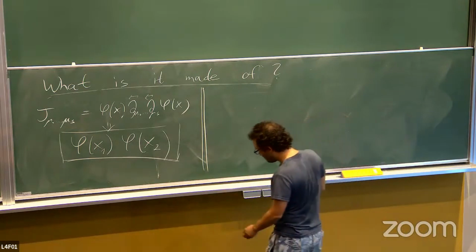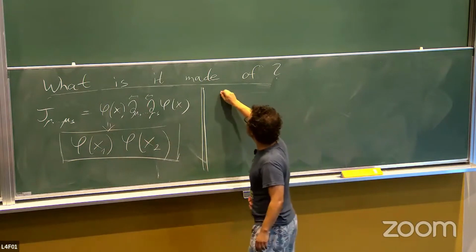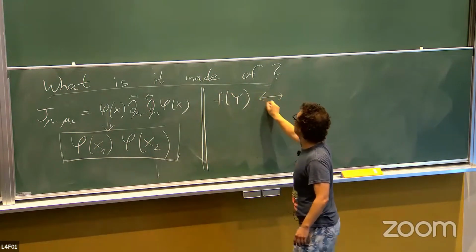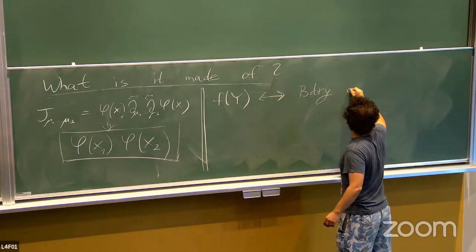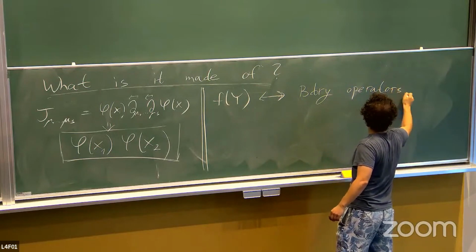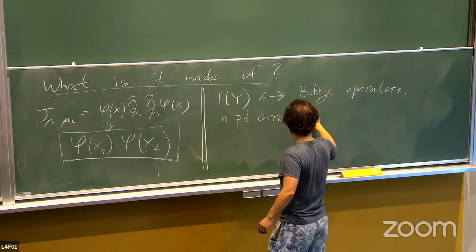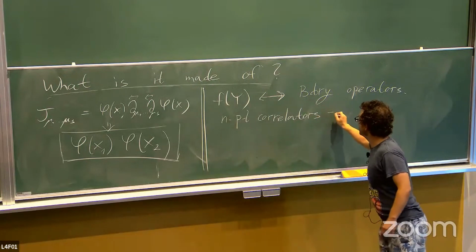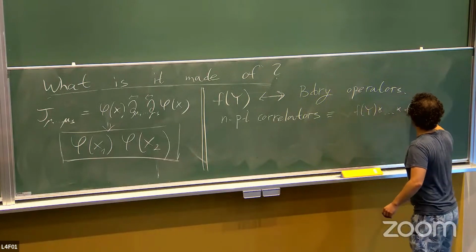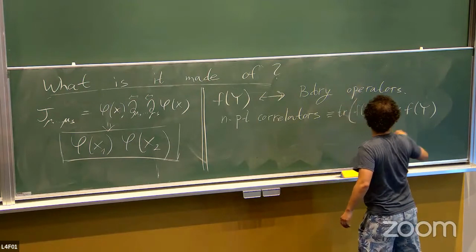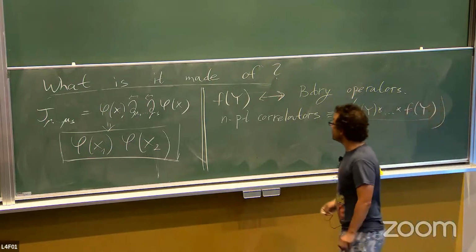So it turns out that we can make this statement precise and construct a dictionary between twistor functions and boundary operators, such that the n-point correlators of the boundary theory are now calculated by these higher-spin invariant forms of different orders.